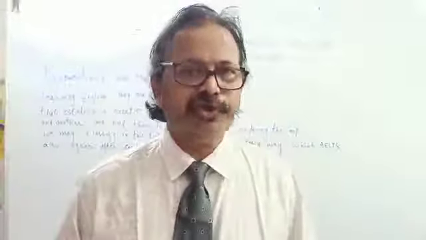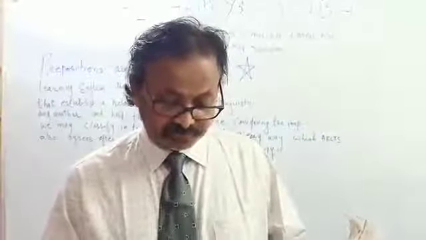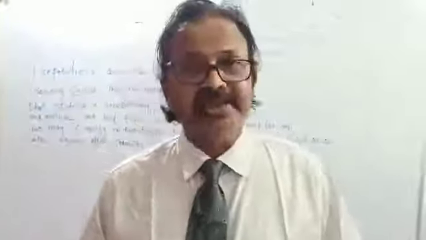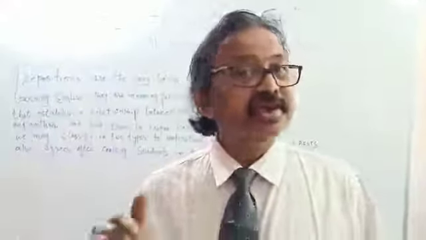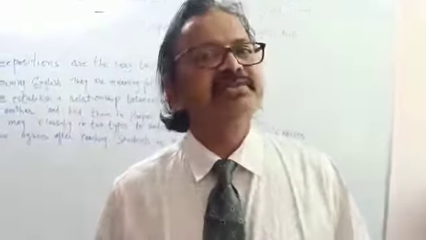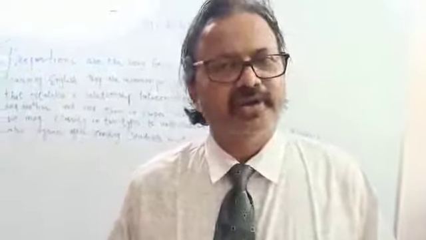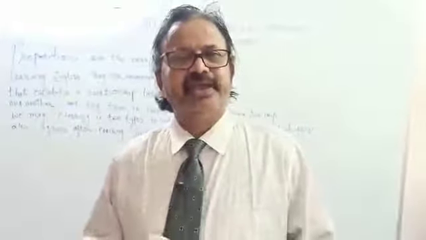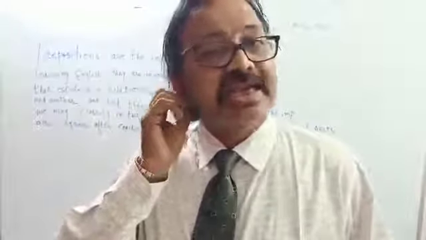Then relatively smaller. For that also we use at. He lives at a small village in Lucknow. We cannot say he lives in a small village. We say he lives at a small village in Lucknow. Or for that matter, we say he lives at Chandni Chowk in Delhi.